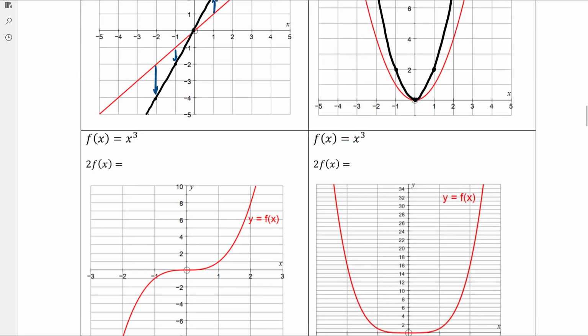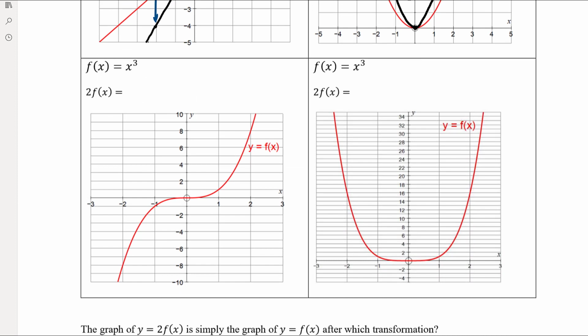The cubic: if f of x is x cubed, then 2 times f of x is 2 times x cubed. And we know, from what we know about sketching cubics, that that is the cubic graph after a dilation by 2 from the x-axis. So again, doubling the y values, 0, 0 will stay where it is, 1, 1 will go to 1, 2, negative 1 will go to negative 1, negative 2. 2, 8 is going to go way off the chart up to 2, 16, and way off the chart down here.